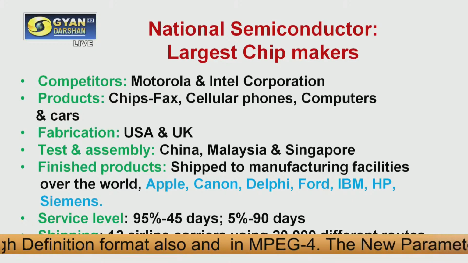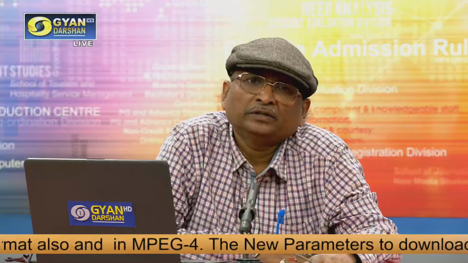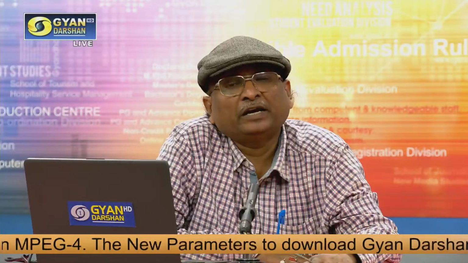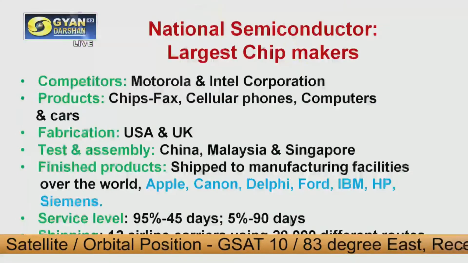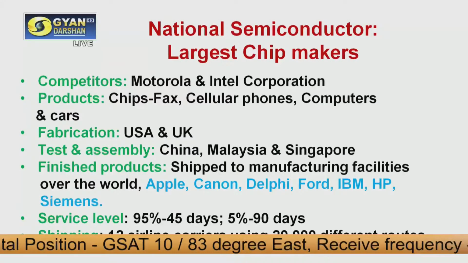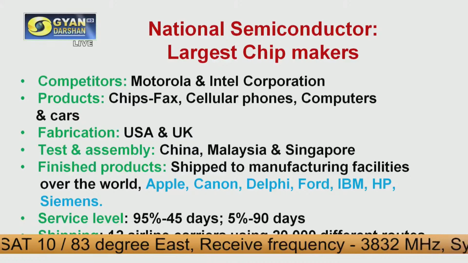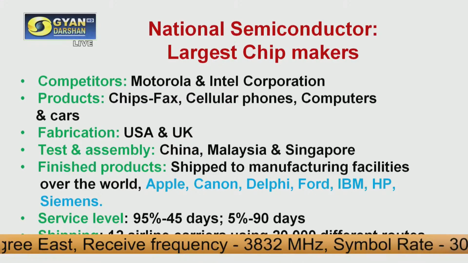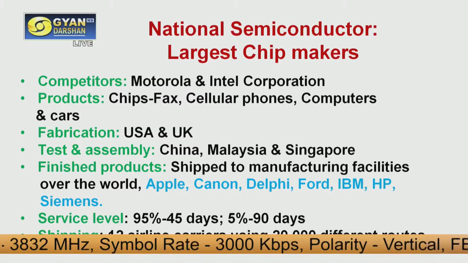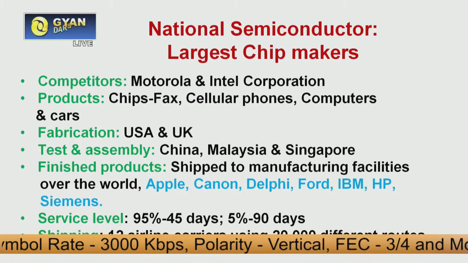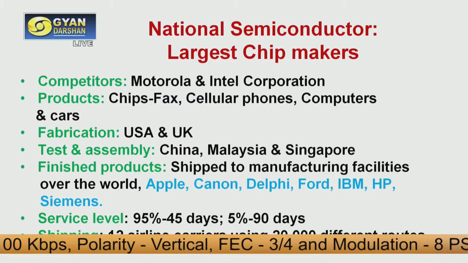So you just see they have quite technologically advanced competitors. What they are making is used in cellular phones, computers and cars, because nowadays every electronic good has the chips or ICs which are made by National Semiconductor or Motorola or Intel Corporation.